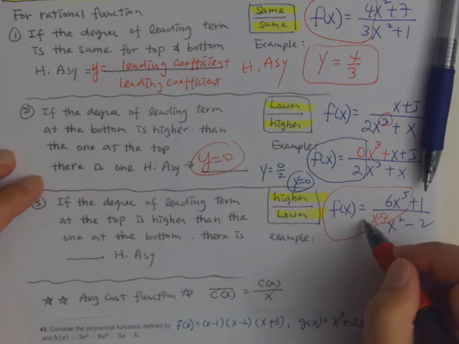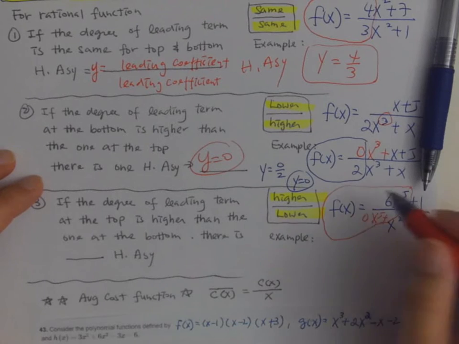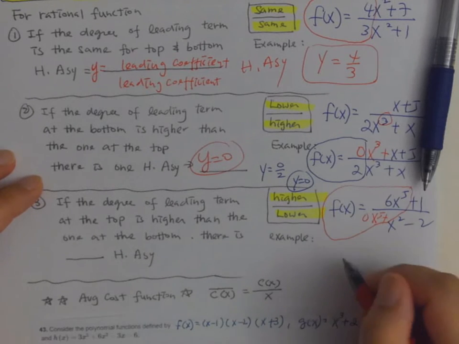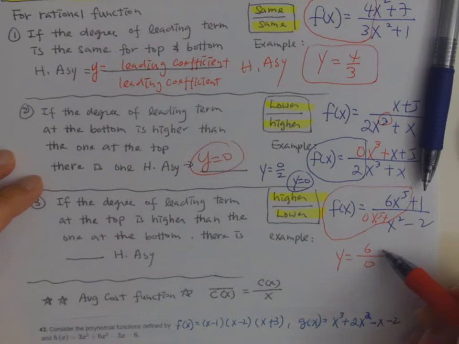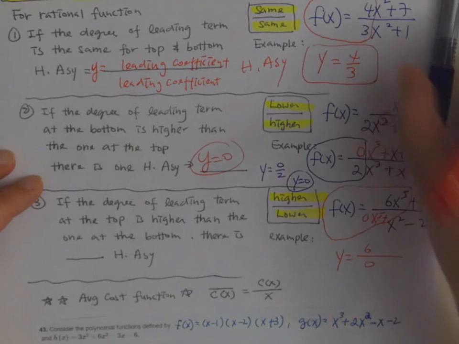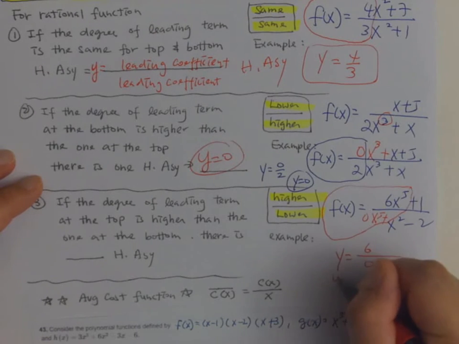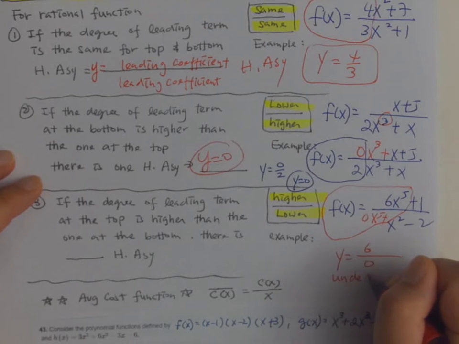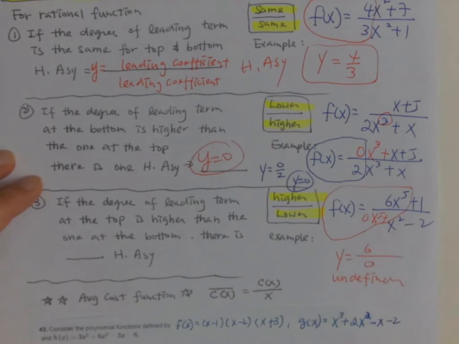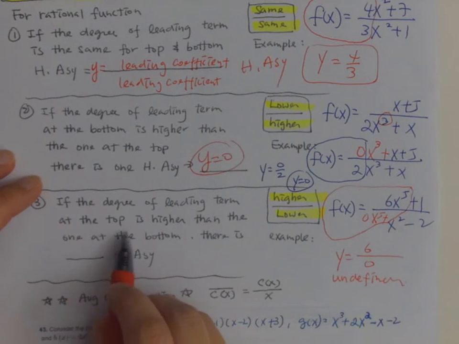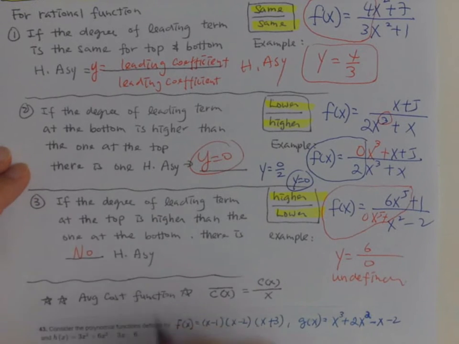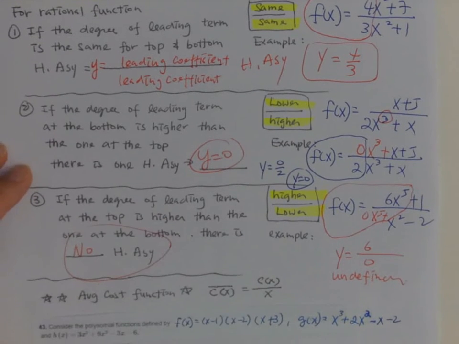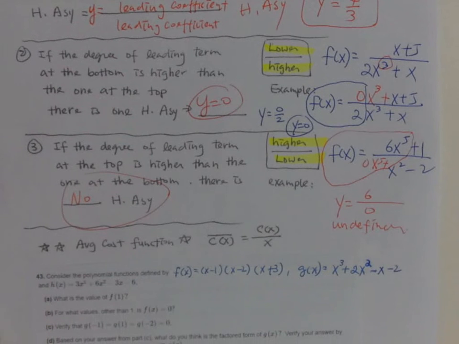I can add that term multiplied by 0, so the leading coefficient ratio is y equal to 6 over 0. I cannot divide by 0, so this is going to be undefined. So if the top is higher, then you will end up with no horizontal asymptote. Just one rule, the highest power rule, for this.